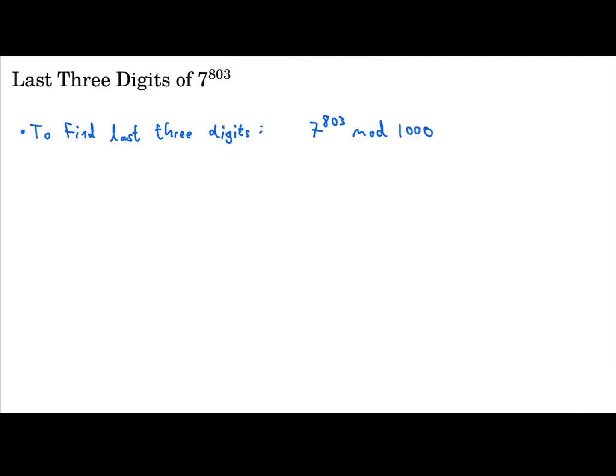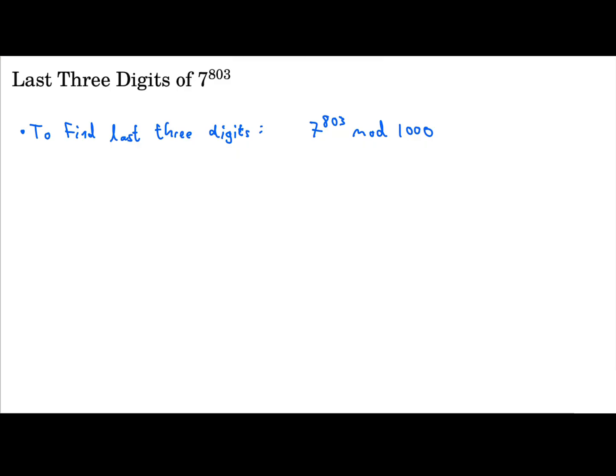Because if you divide by 1000 and you take the remainder, that's going to be your last 3 digits of that number. So essentially what we want is to find the remainder of 7 to the 803 modulo 1000.